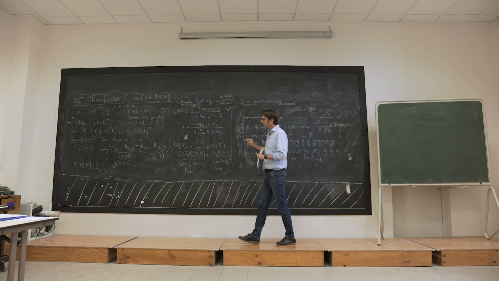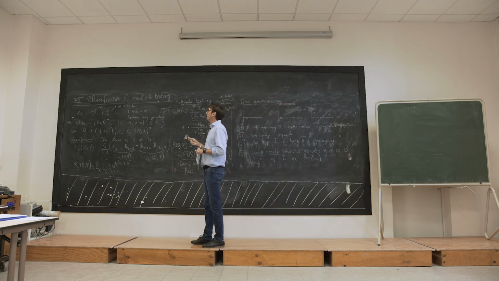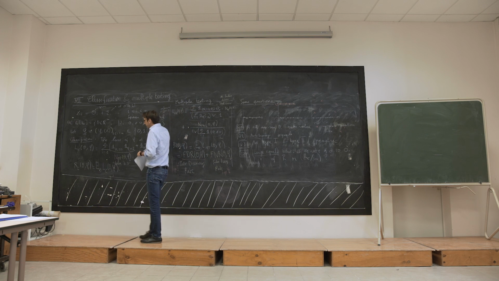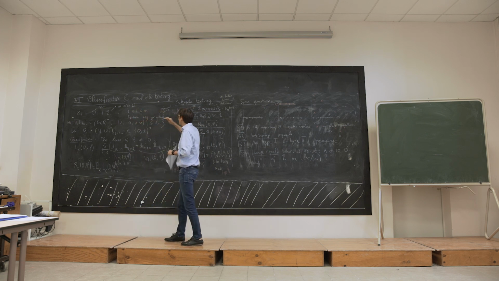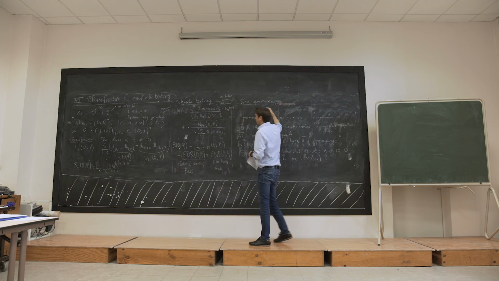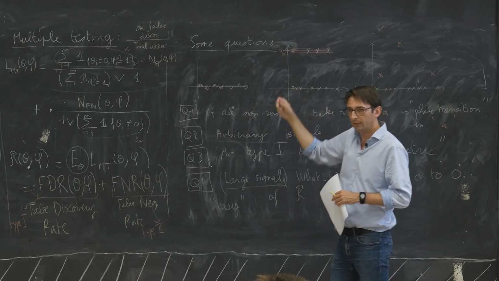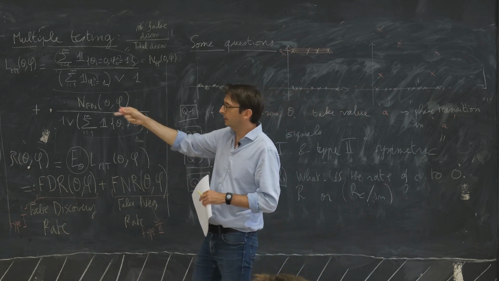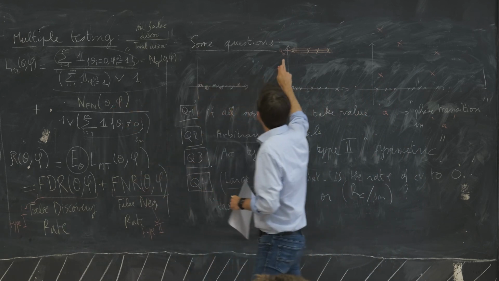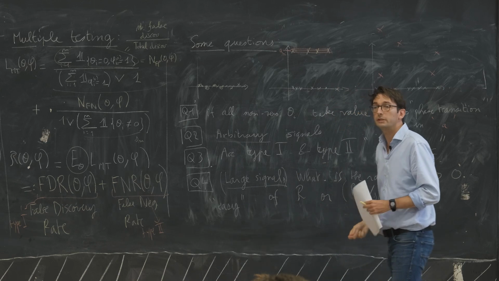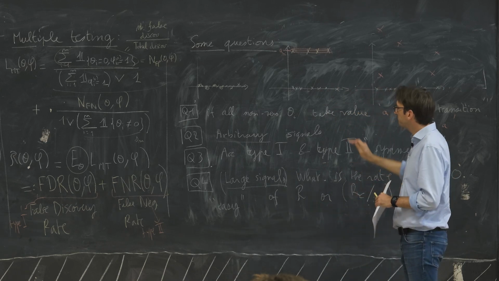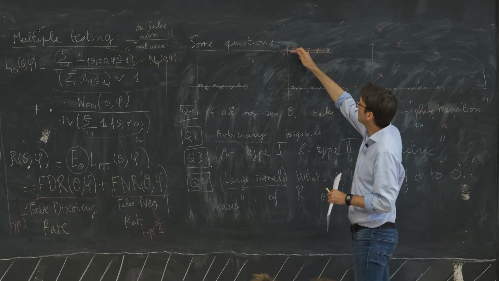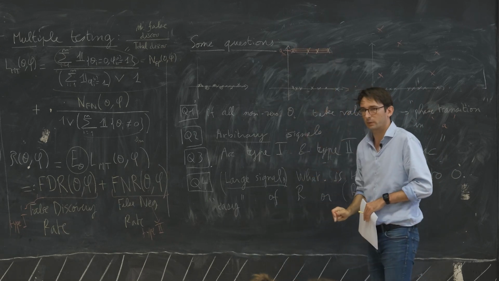I mentioned briefly when I talked about estimation for this problem that natural procedures are thresholding procedures, with thresholds around square root of 2 log n, for a reason. So it's important that we allow this value to go to infinity possibly with n. But to answer the first question, we will just assume that all non-zero values take the same value.